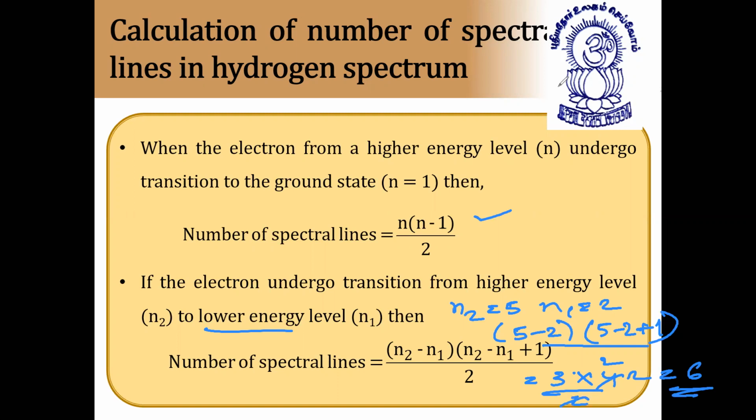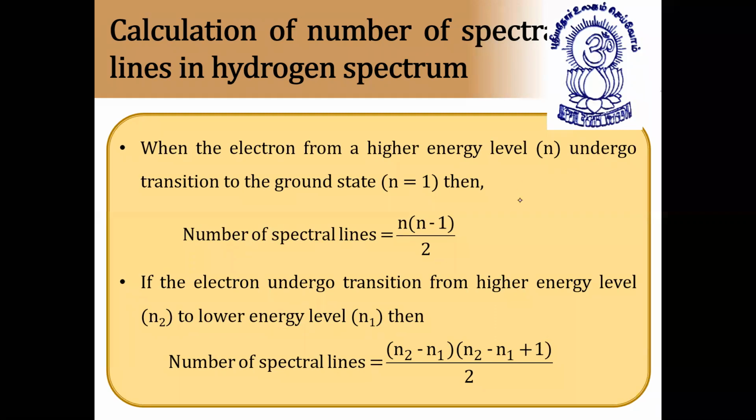These two formulas are most important. If the electron is jumping from any higher energy orbit to the ground state, you have to use straight away n into n minus 1 by 2, and in this case n is the higher energy orbit number, say fifth, sixth, like that.